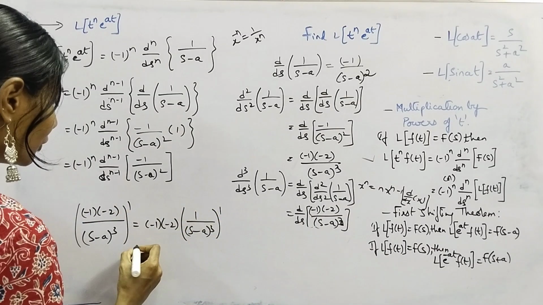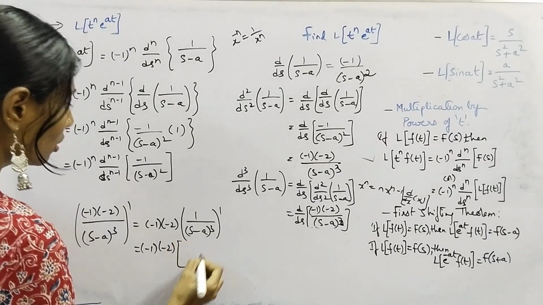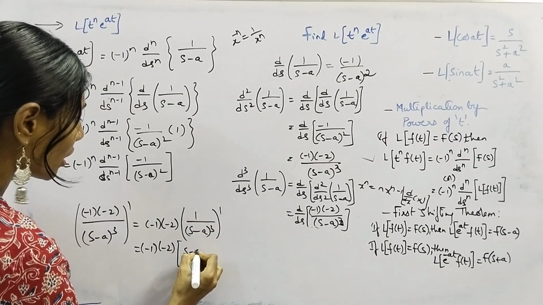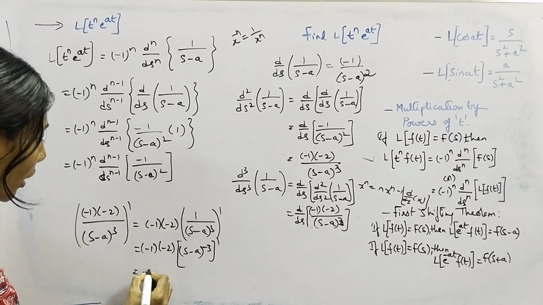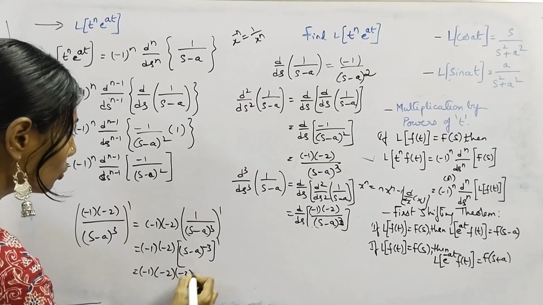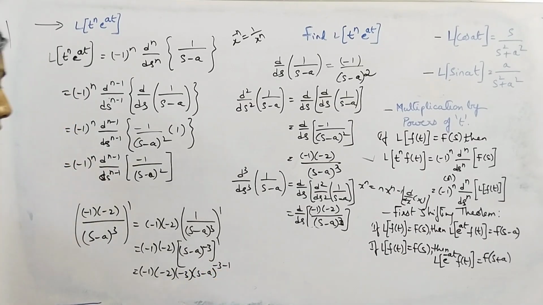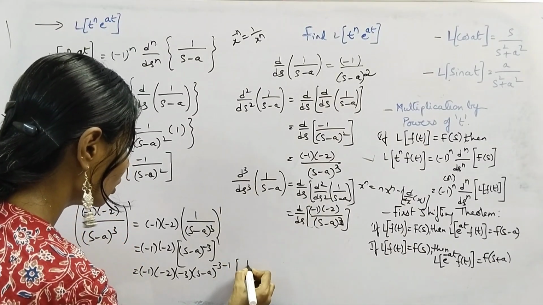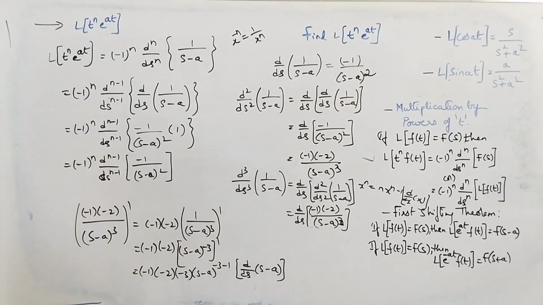Okay, simple. Equal to minus 1 into minus 2 into, you can write this as (s minus a) power minus 3. Now find its derivative. This is equal to minus 1 into minus 2 into, derivative of (s minus a) power minus 3 is n into x power n minus 1 into its inner derivative, that is d by ds of (s minus a), right?